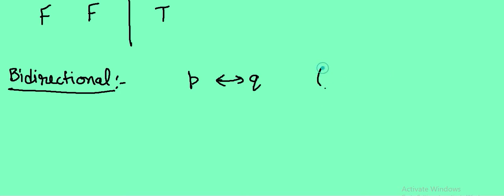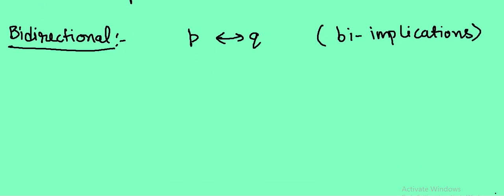So if in an exam they ask you what is biimplication, or what is the truth table for biimplication, you know it now. Without wasting a minute, I will explain this concept using the truth table so that you can easily find out.